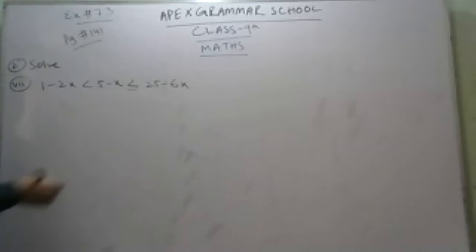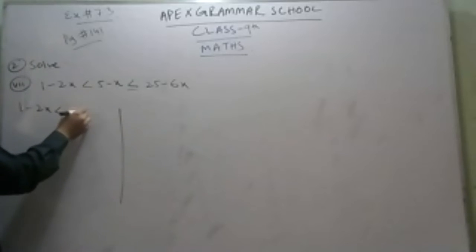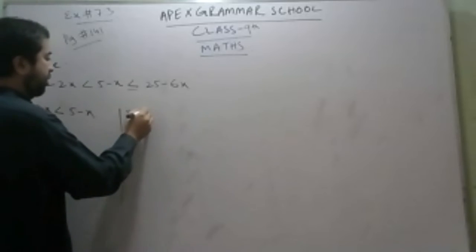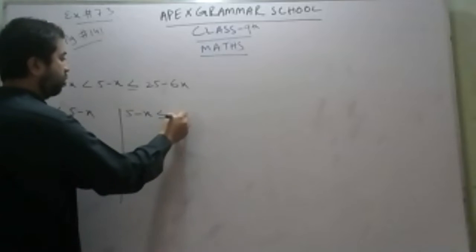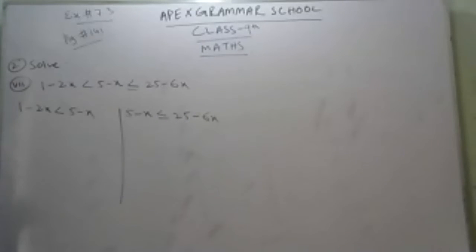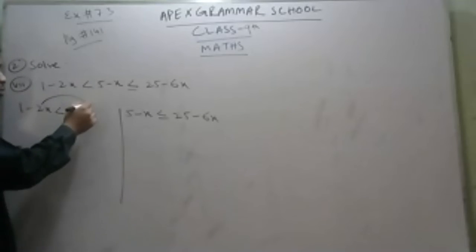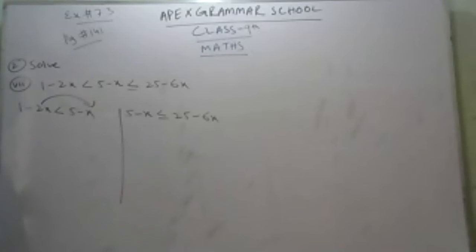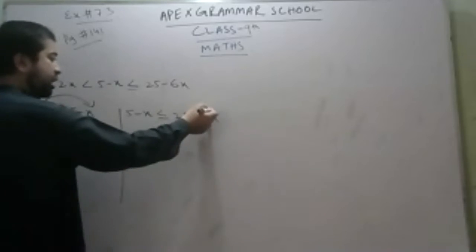Okay, separate them. 1 minus 2x less than 5 minus x, and 5 minus x less than or equal to 25 minus 6x. Now you need to make this x positive. This can only happen by moving this minus 2x toward the right hand side, and this minus x is moving here.